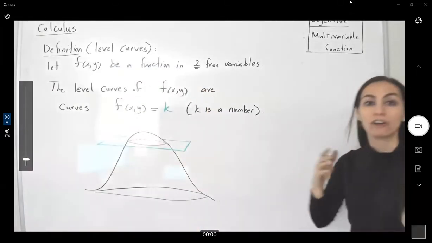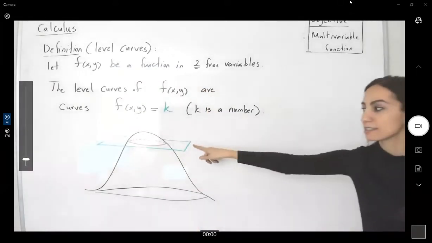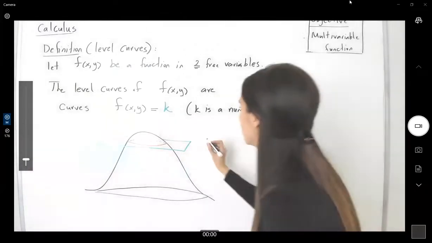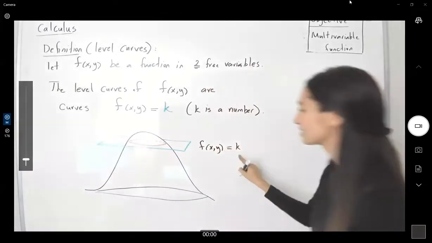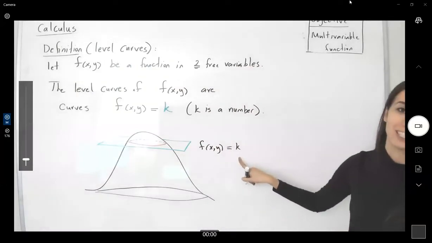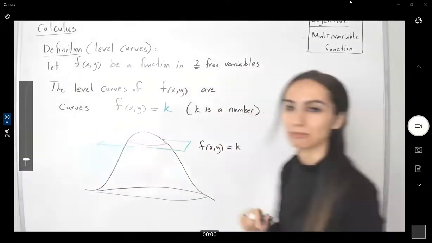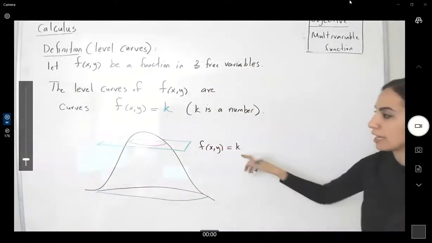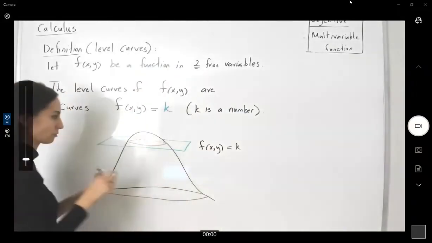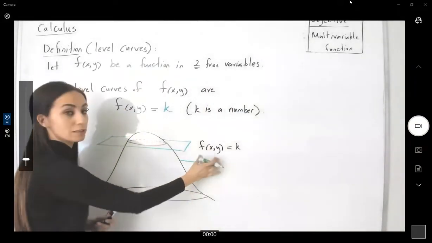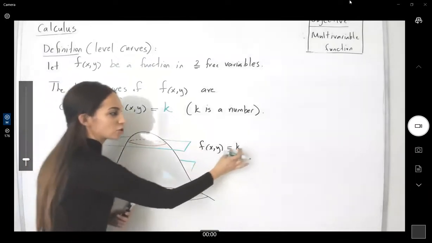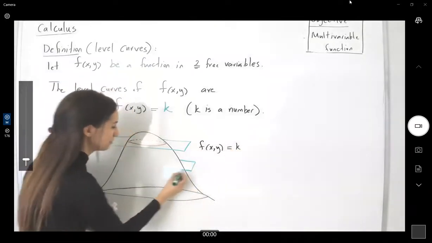The equation of this slice is f of x and y equals a fixed z value, or k, because you can change these k values and just find another slice, the intersection between the function and the plane.